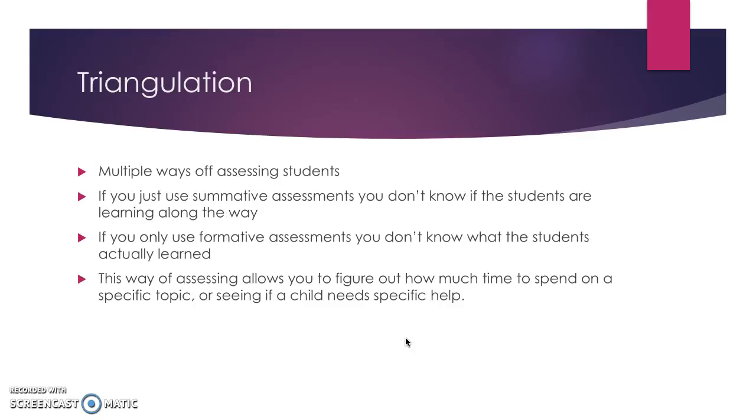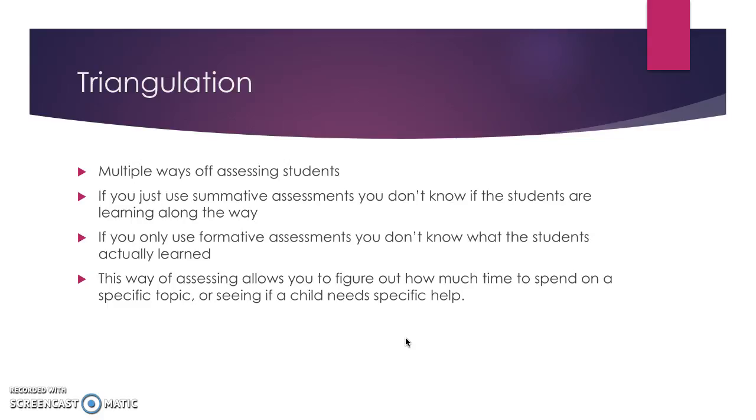Triangulation: multiple ways of assessing students. If you just use a summative assessment, you don't really know if the students are learning along the way. Those formative assessments are used to determine what you still need to cover, what you need to take time to continue to learn. If you only use formative assessments, you don't know what the students actually learned.